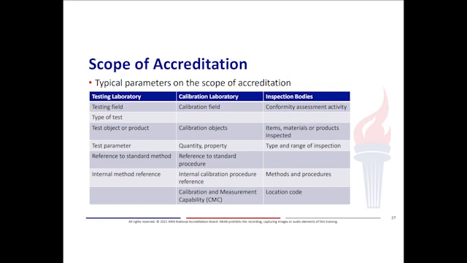Now, why is this critical? Because there's a basic difference between testing and calibration laboratories under 17025 and inspection bodies under 17020. Under 17025, normally all the activities take place in a laboratory in one or two specific locations. Inspection bodies are completely different.